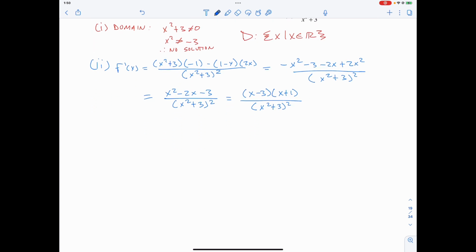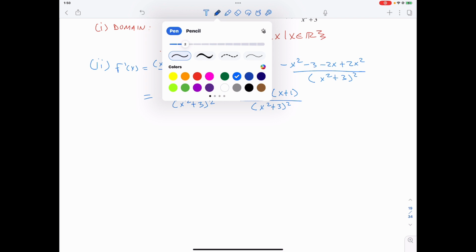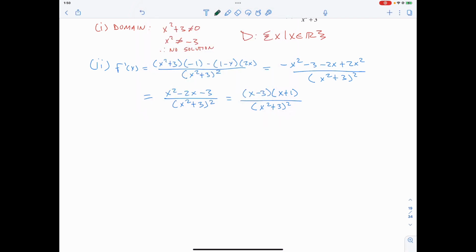The next thing I'm going to do is get those critical numbers. I'm going to take f prime of x equal to 0, or the numerator equal to 0, and I'm going to do f prime of x does not exist, or the denominator equal to 0.